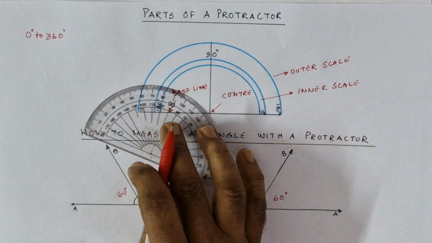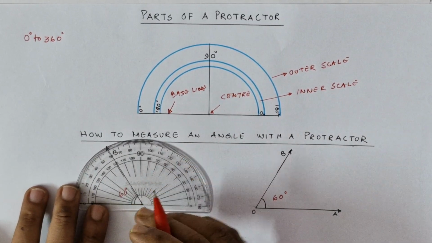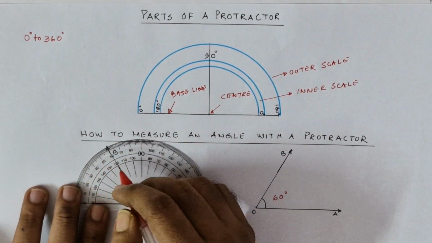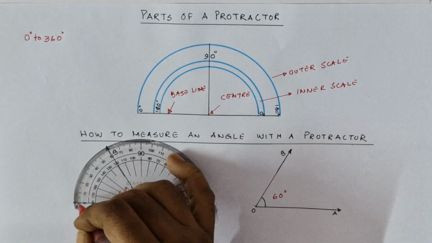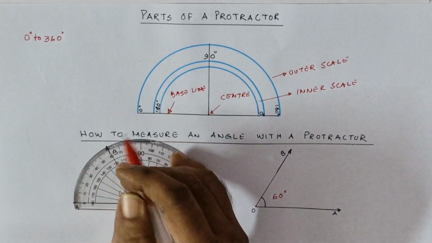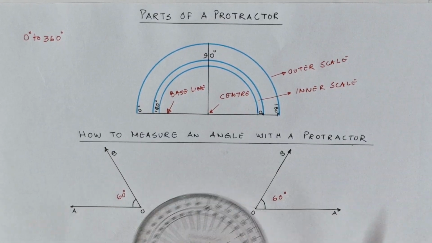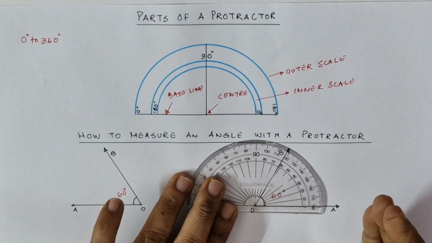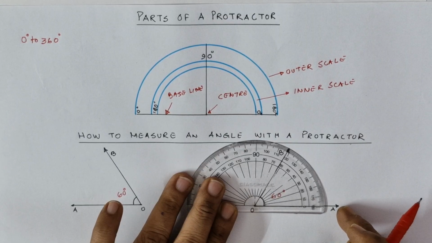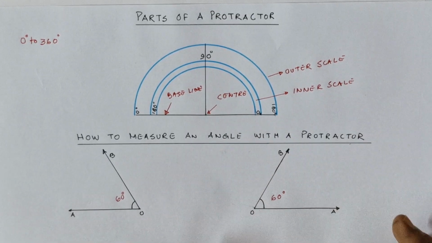Got it? And see where the other arm crosses over, that marks the actual angle. And try to find out the 0. For example, if 0 is here, we'll take the help of outer scale. For instance, in this one we'll take the help of inner scale, as the 0 lies on the right hand side and the arms on the right hand side, okay.